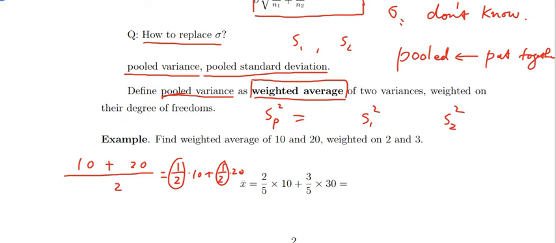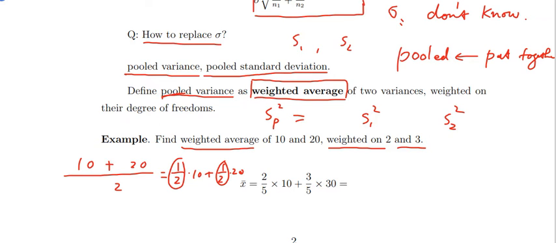In general, we do not have to weight them equally. Let's consider finding the weighted average of these two numbers, weighted by 2 and 3: 10 weighted 2 and 20 weighted 3.